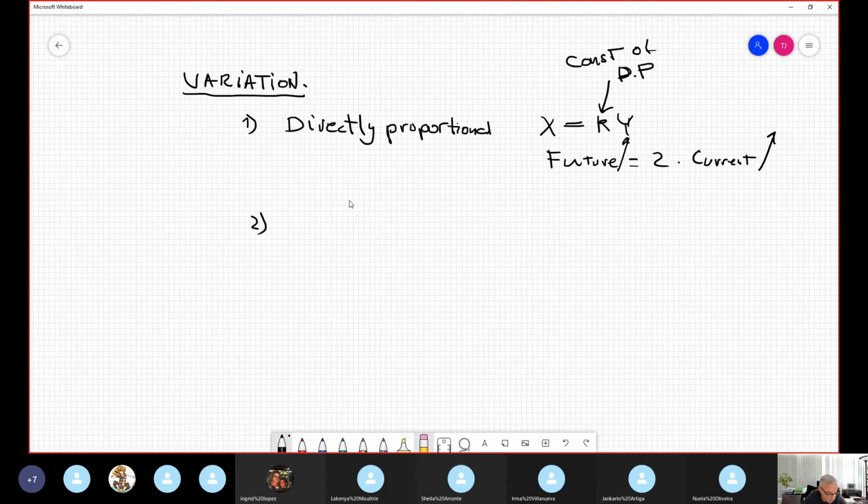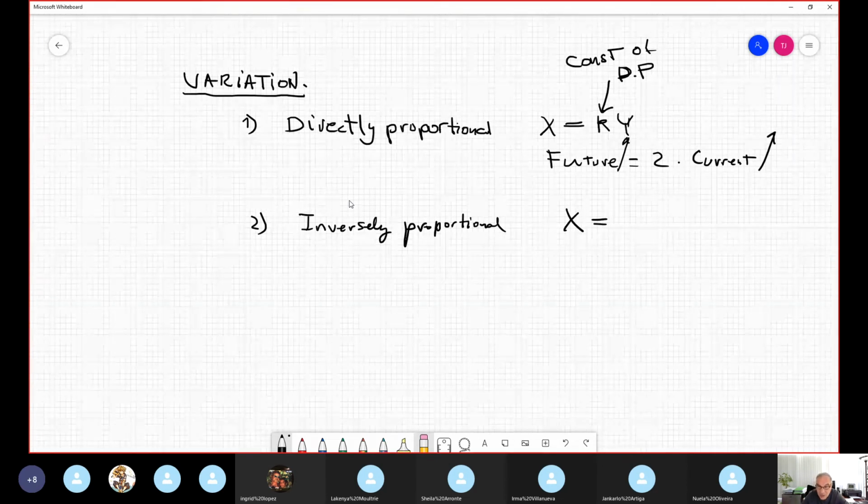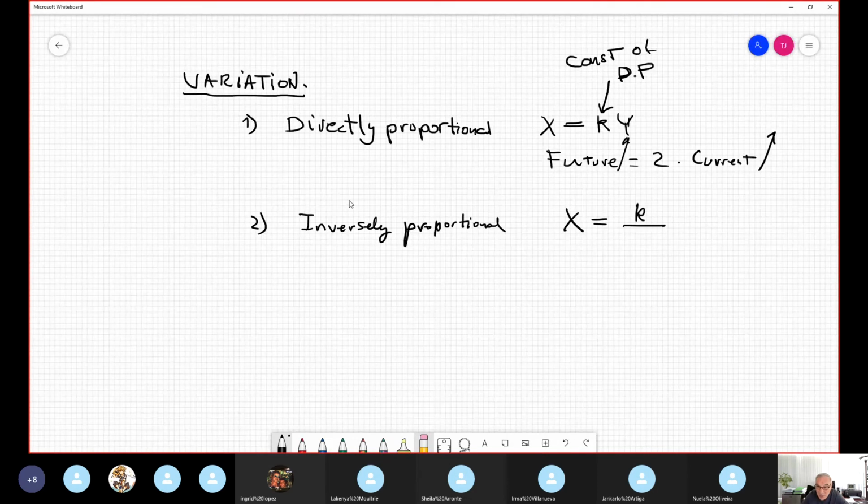And inversely proportional is another possibility. Inversely proportional is x, where x represents one quantity, money or temperature or whatever, and it's a constant divided by y.